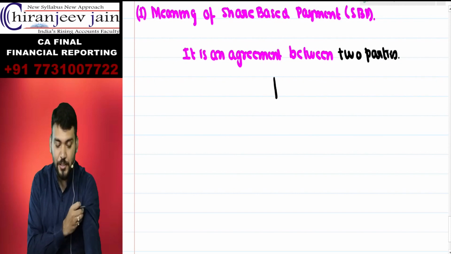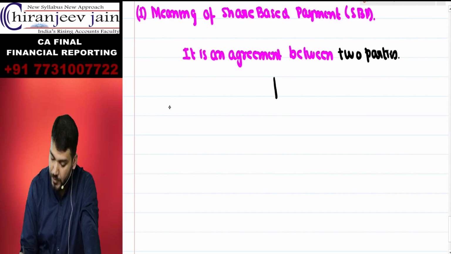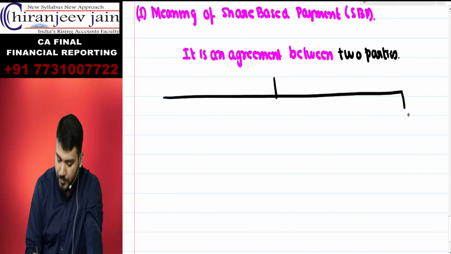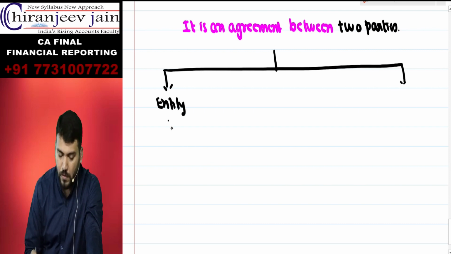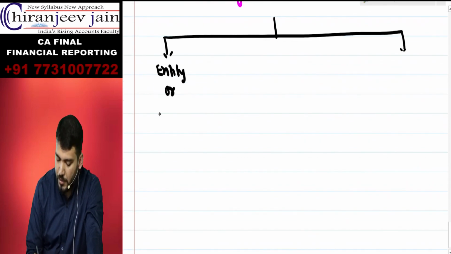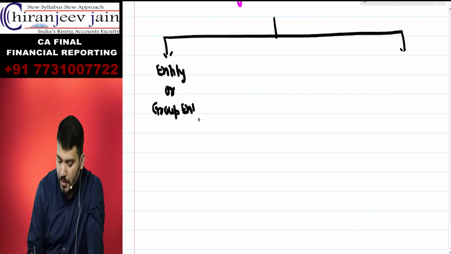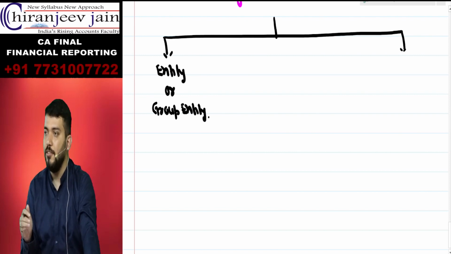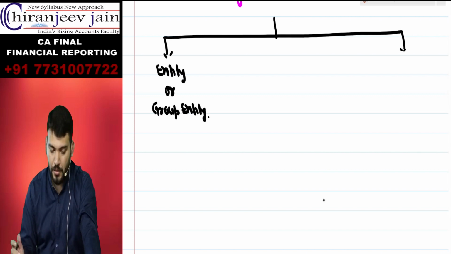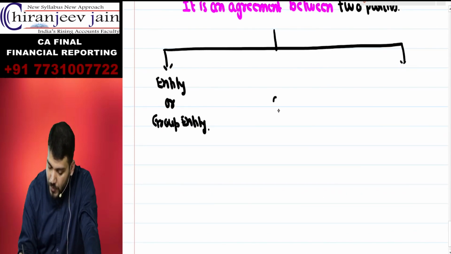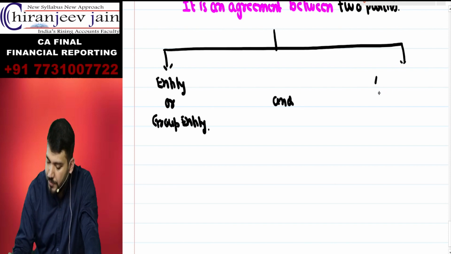It is an agreement between two party, where one party is an entity, or group entity. Just write down. I will not discuss right now why group entity. When I am saying group entity, it means it can be holding or subsidiary of the entity. And another party.